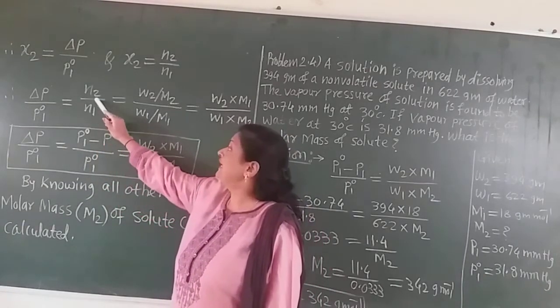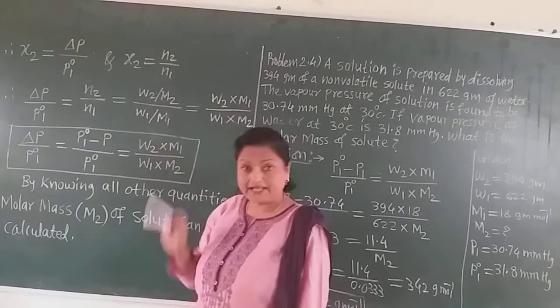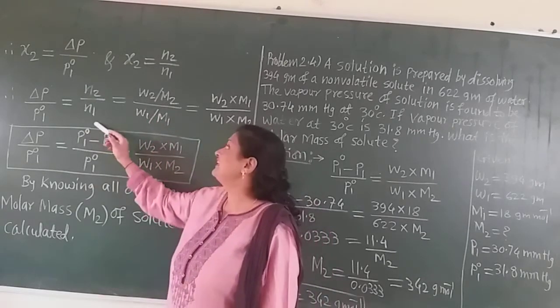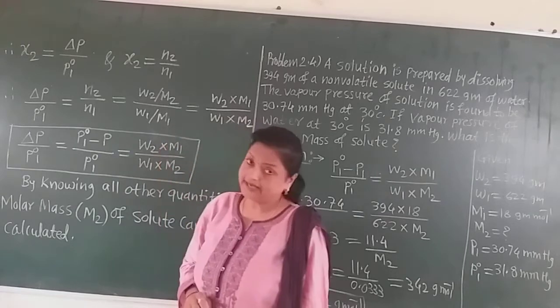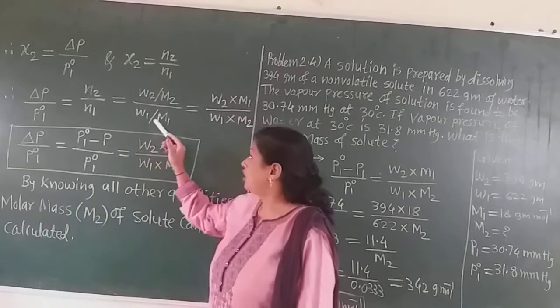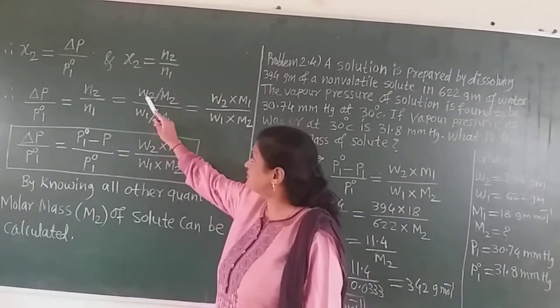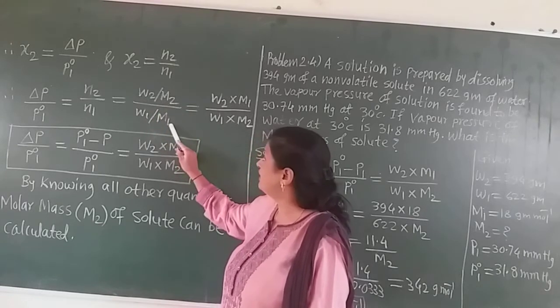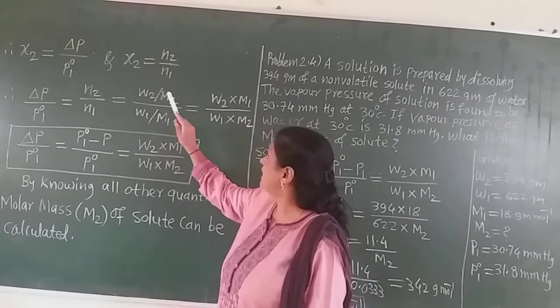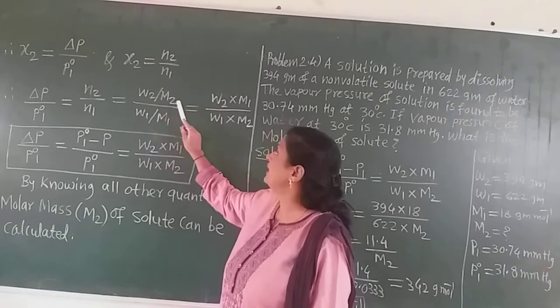So substitute N2 as W2 divided by M2 and N1 as W1 divided by M1. So this can be converted as W2 into M1 divided by W1 into M2.